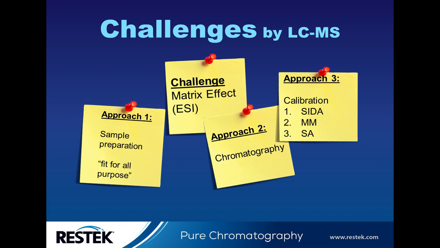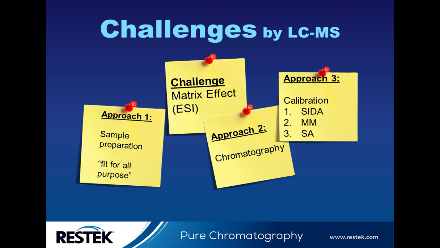Do we have any ways to solve this problem? Well, we do. In general, I categorize them into three different groups. First, we can do some sample prep to remove that junk from your target analytes as much as possible. But there are some problems with this method.